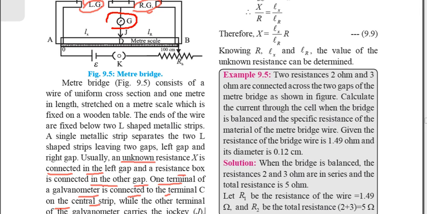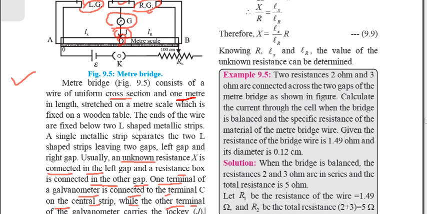So here the galvanometer is connected between point C and point D of the metre scale, while the other terminal of the galvanometer carries the jockey J. So the other terminal, that is J, is connected to the metre scale with the help of this jockey. So that is the circuit description for this metre bridge.